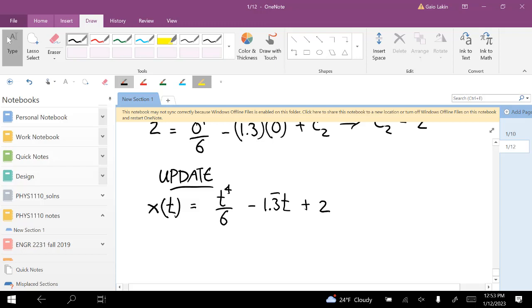And now we have our dependent variable expressed as a function of our independent variable, so we know we're done. Any questions about that? Okay.